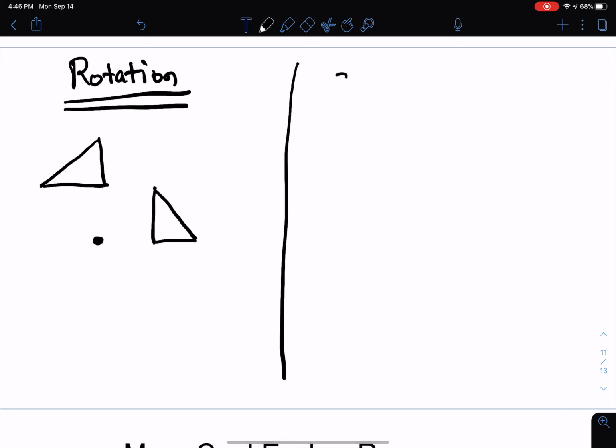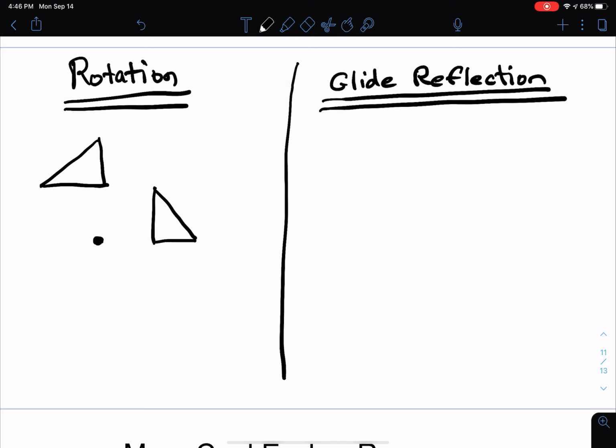Or you might have a situation involving a glide reflection, a combination of the glide and the reflection from earlier, where maybe across the page, you start out with this image, you might glide it over and trace it again, glide it over and trace it again, glide it over and trace it again.